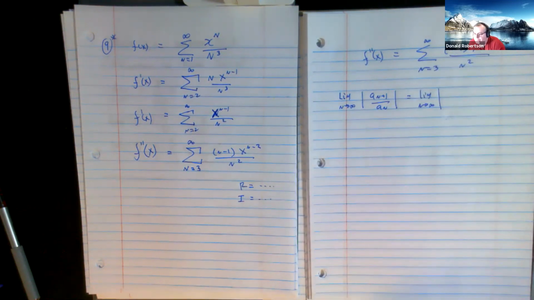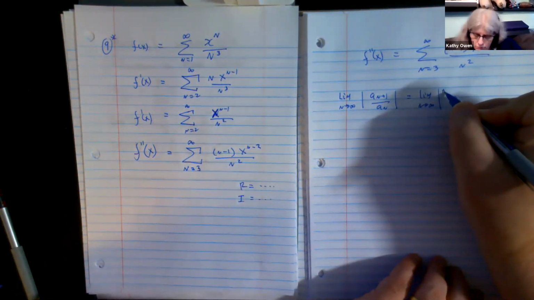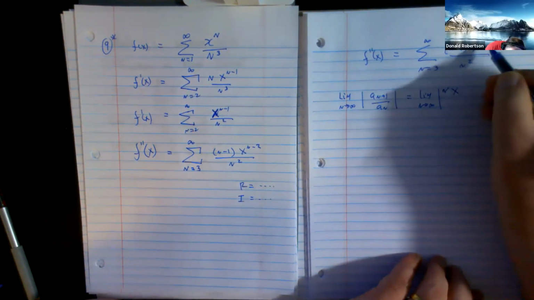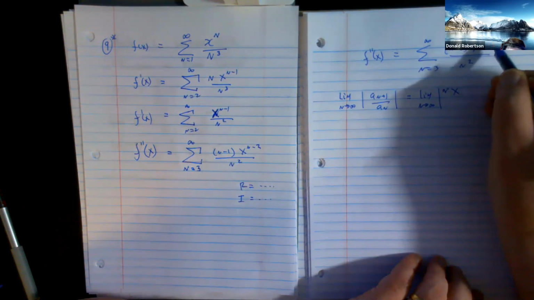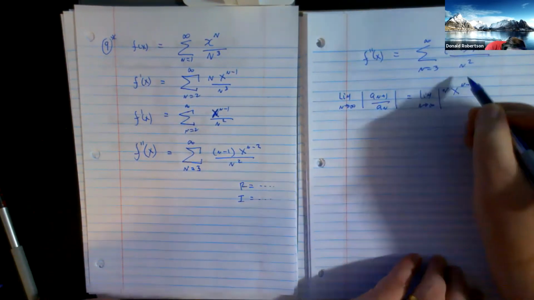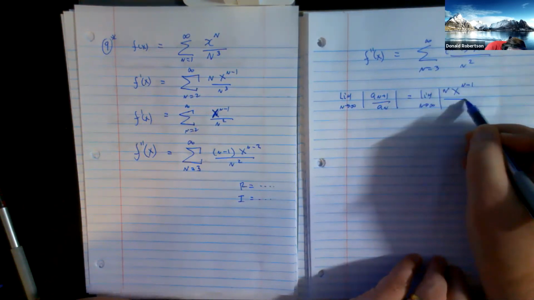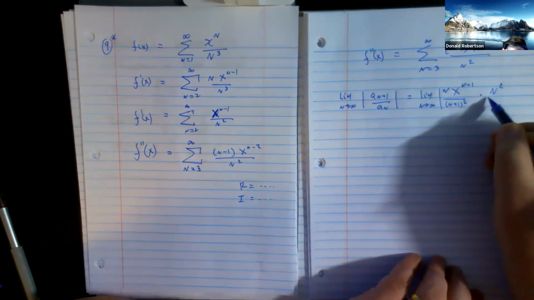What would that become? N. Yeah. If you made this n plus 1, and then you take away 2 from it, do you see how that becomes n minus 1? And if you make this guy n plus 1, I think it's a little bit more obvious, you get that. And then you turn everybody upside down.